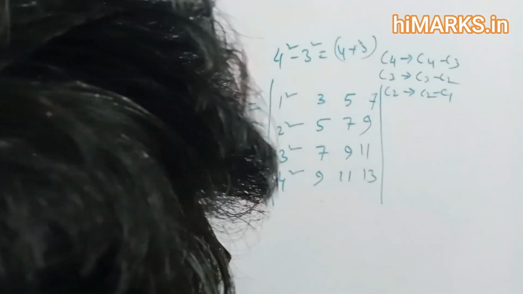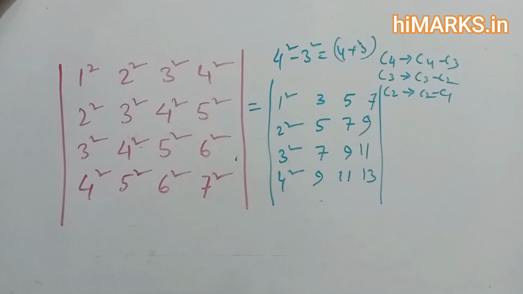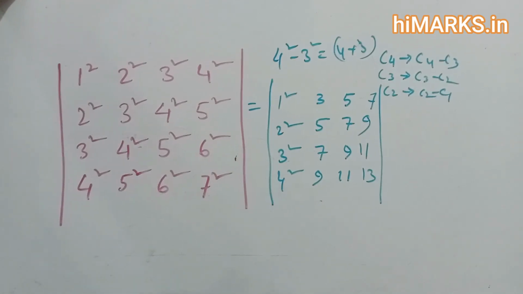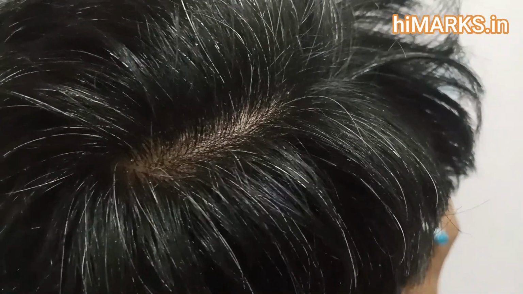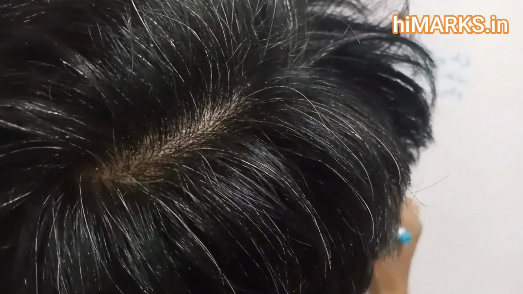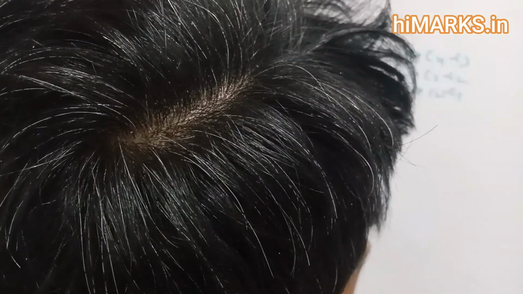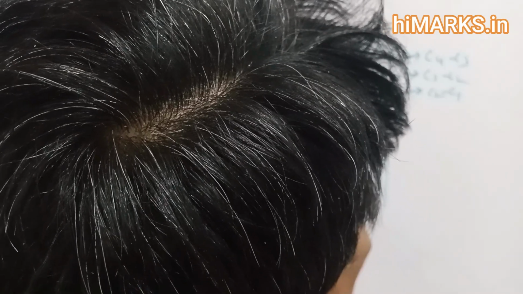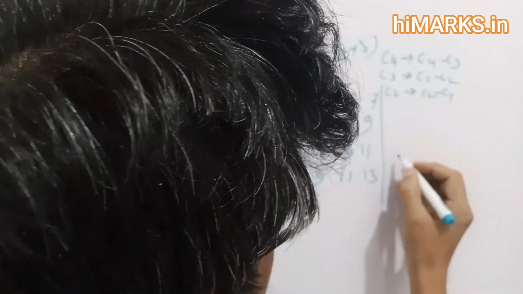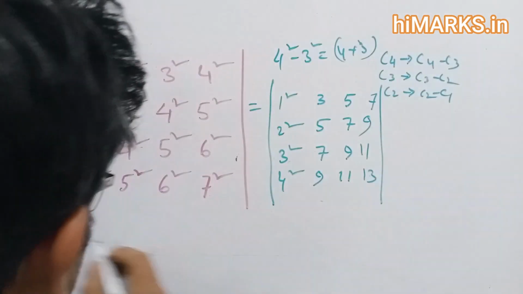Take a pause, think about it, and let's come back. So hope we have got the solution. See what we do. If this minus this, then what will happen? 2, 2, 2, and here we will get 4 plus 3, 7. Let's continue and see what we get out of this.